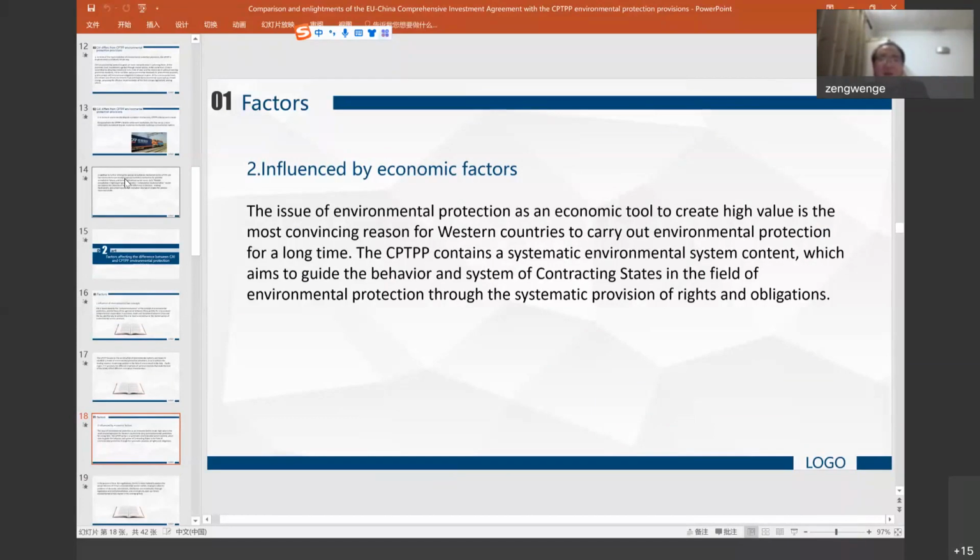Meanwhile, the CPTPP contains a systematic environmental content with the aim to guide the behavior and system of the contracting states in the field of environment protection. So the system, the provisions, the rights and obligations. For the CPTPP, some are developed countries, some are developing countries, and they need to formalize it.